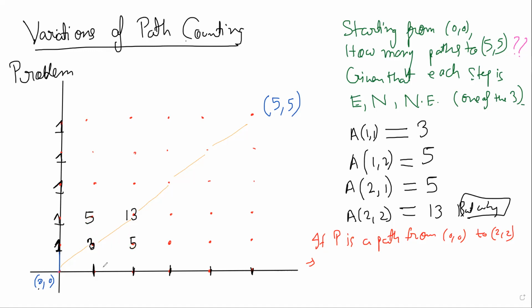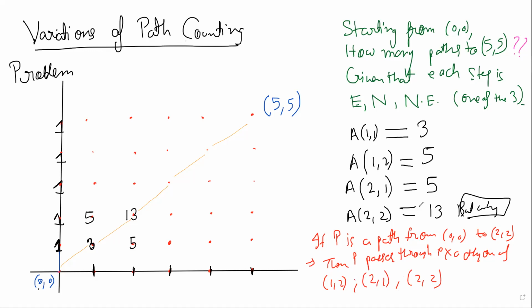You can say it like, then P passes through exactly one of 1, 2, 2, 1, and 2, 2.